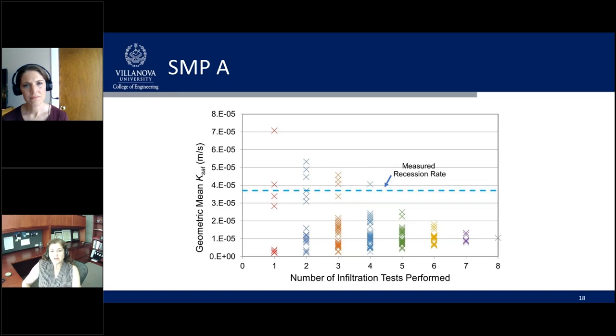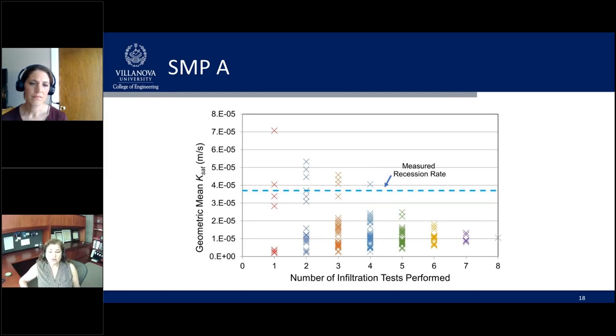So that could be the combination of test location 1 and 2, 1 and 3, 1 and 4, 4 and 5, right? 5 and 6 together, 3 and 2 together. It could be all of those combinations because we don't know off the top of our head exactly which 2 of these we would do if we just went out and randomly only did 2 of the tests.